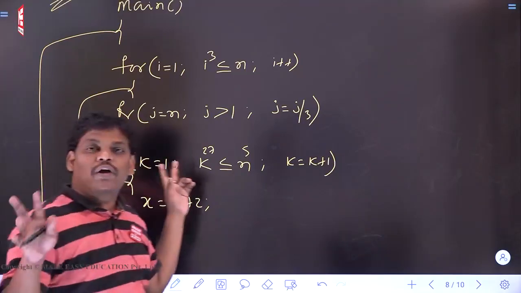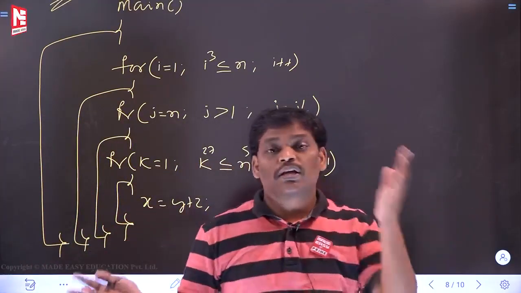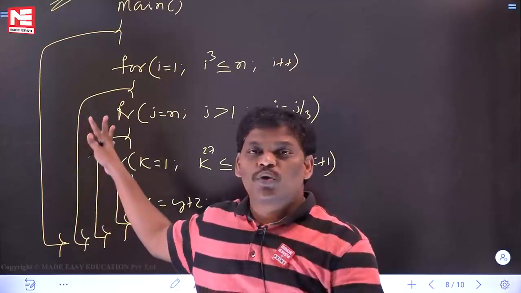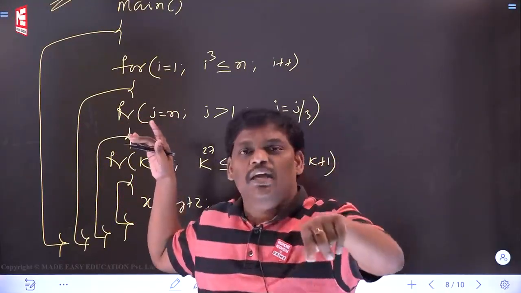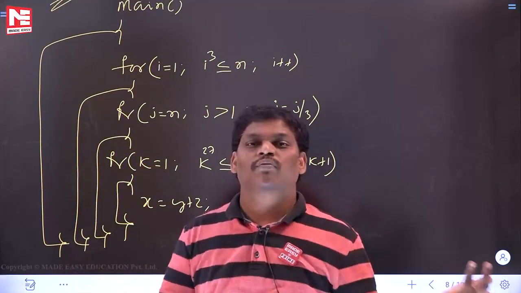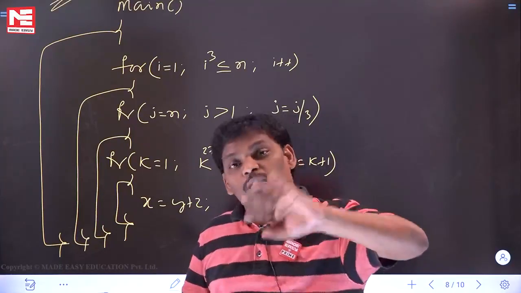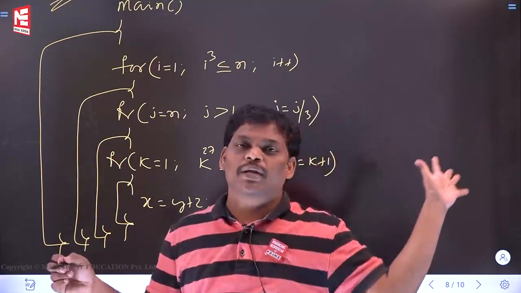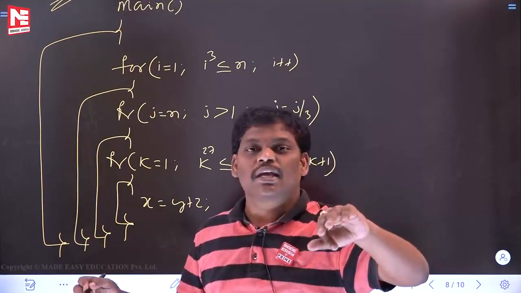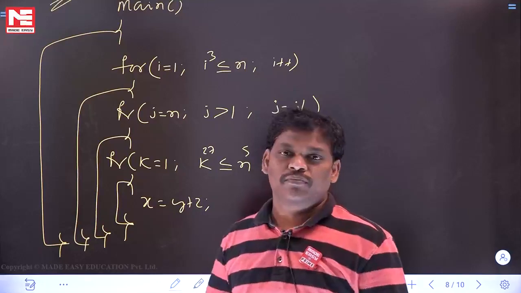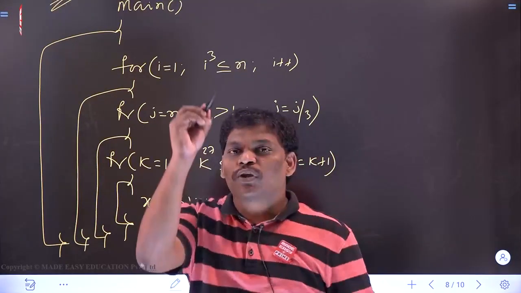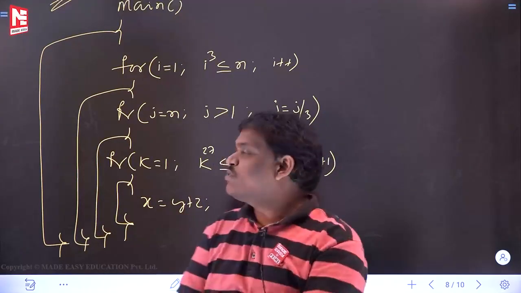Inner loops mean find the individual counts and multiply. But if there is any dependency, you have to check what happens for i equal to 1, what happens for i equal to 2. With no dependency, find individual and multiply, do like previous problems. One example I already explained where there is a dependency, and how to analyze it carefully. Now let me check this one.